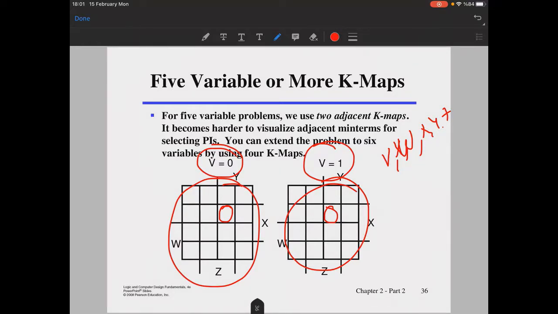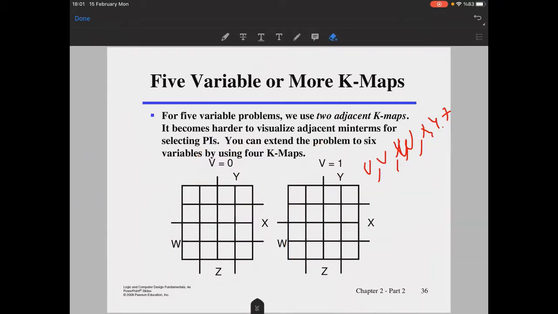So if you need maps for 6 variables, what happens? Suppose that you have U here as well. It's an extra variable, and then you need to have 4 different maps: for UV equals 0 0, for UV equals 0 1, for UV equals 1 1, for UV equals 1 0.